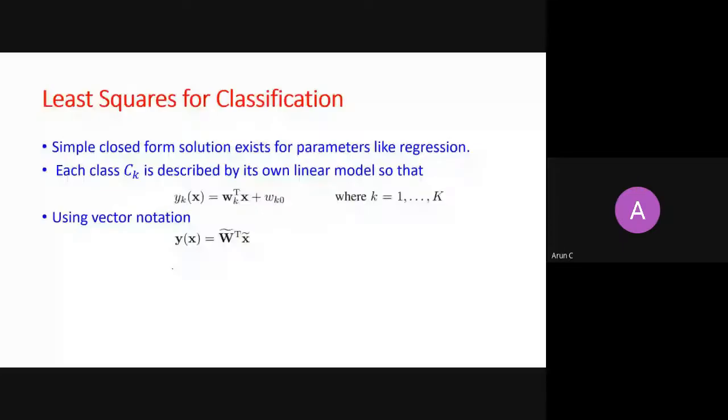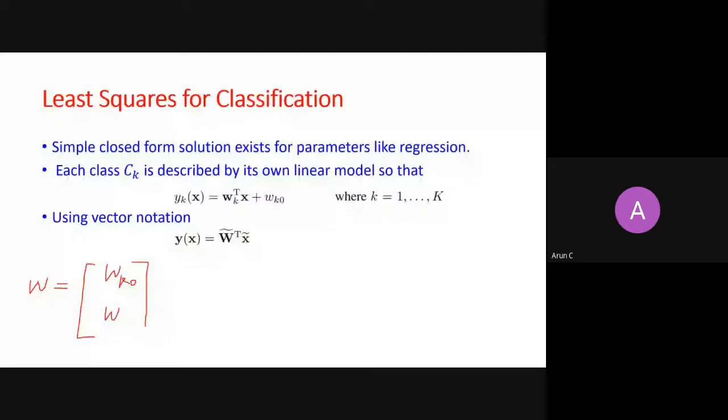Okay, I will repeat this construct again. I first formed the augmented vector for a hyperplane like this. First I take the bias, which is WK0, and then I put the W, which gives me the orientation.